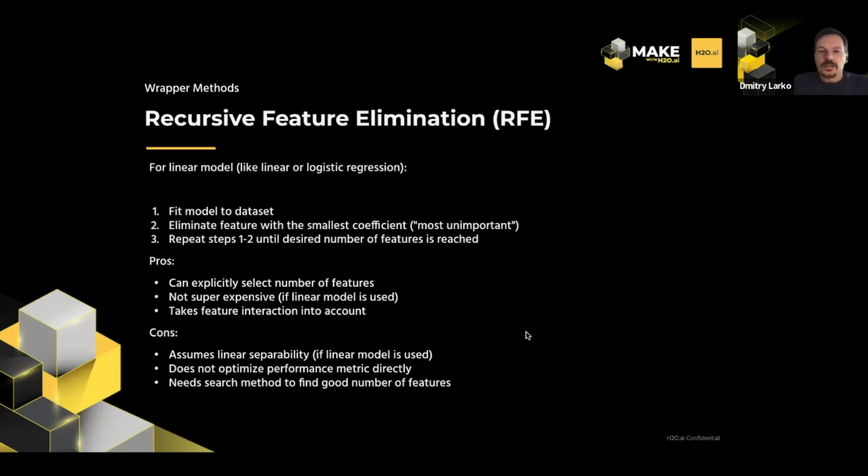Of course, as soon as we introduce these complex methods, like I said before, you also add an additional meta parameter to tune. In this case, you have to find the right number of features, a good number which is less than the total amount of features, but at the same time gives similar performance or performance close to the complete data set.